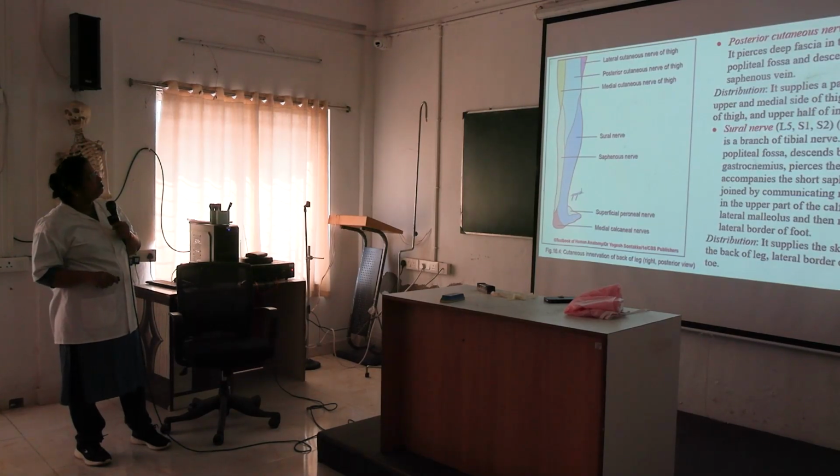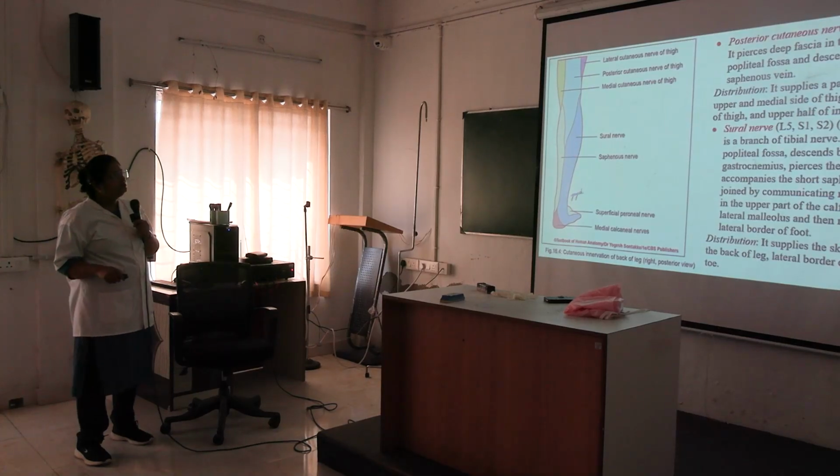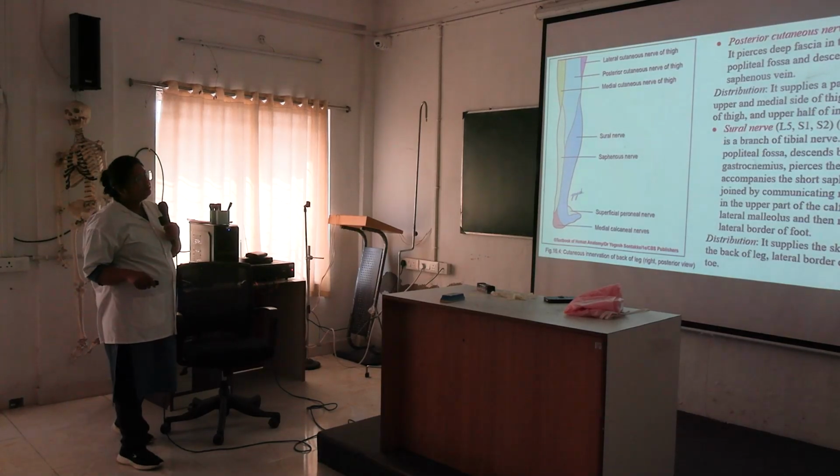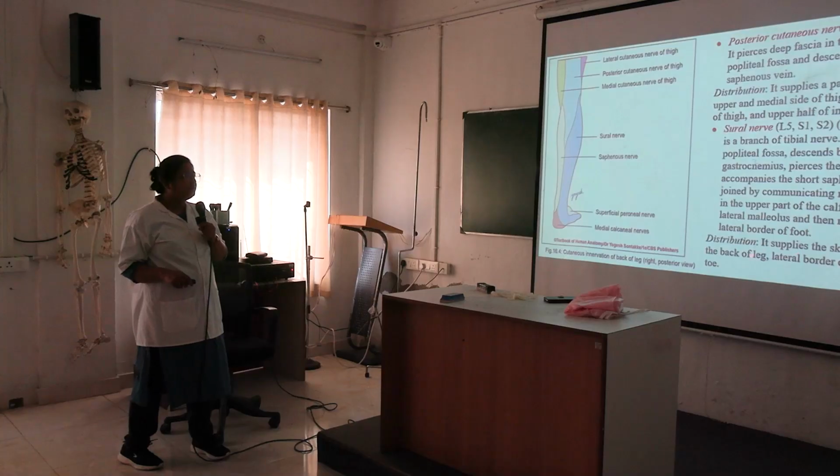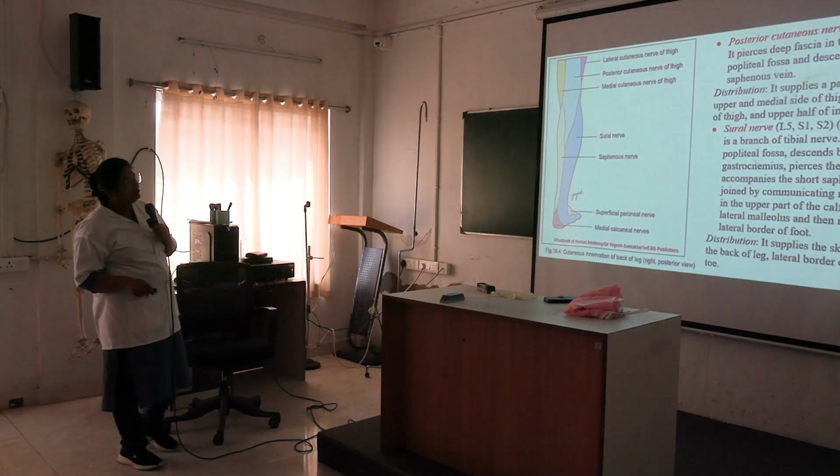So this bluish colored area is supplied by the sural nerve. And distribution supplies skin of the lower part of back of leg, lateral border of foot and the little toe.